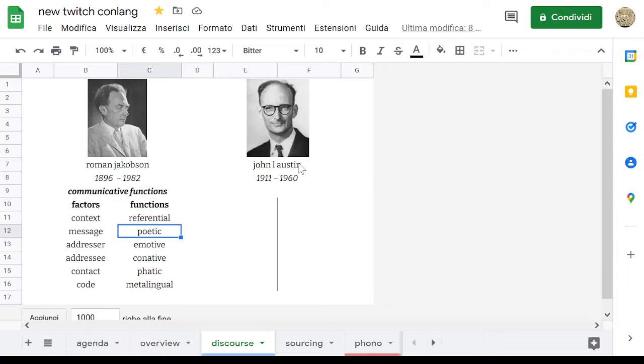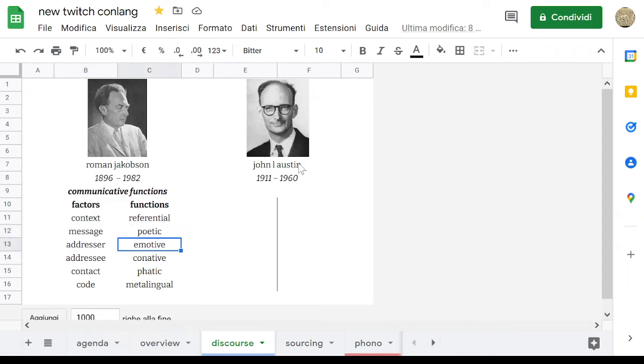There might be some referential stuff built in and some other things like emotive, but the point is the message itself. Slogans are also often considered poetic in this communicative functions model, because there's a focus on the message itself, the message for its own sake, rather than to convey some kind of information about the content.